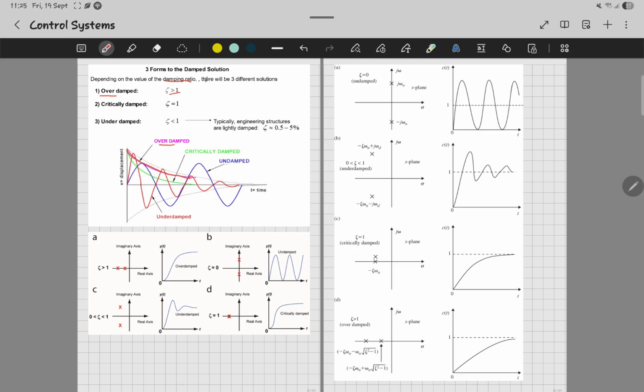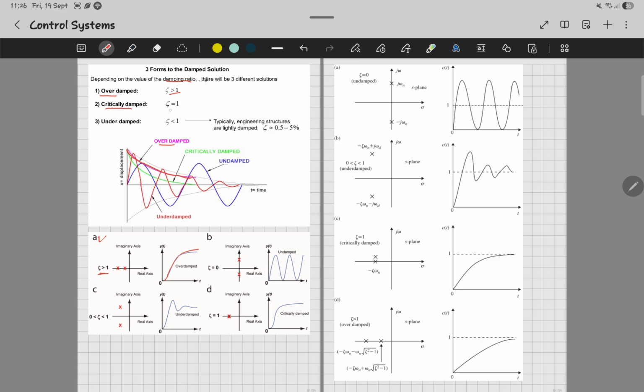And if you want a clear representation of overdamped, it's this graph here in case A, where the damping ratio is superior to 1. This is overdamped. Let me just correct my damping ratio superior to 1.